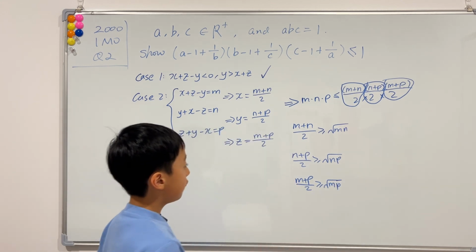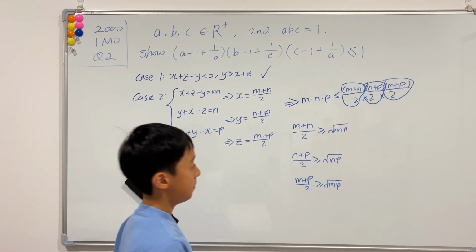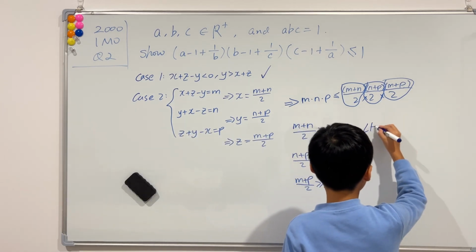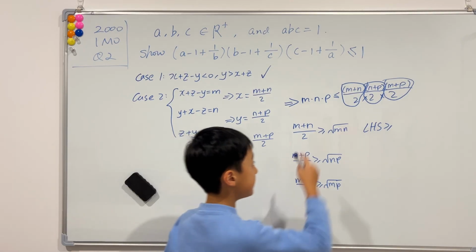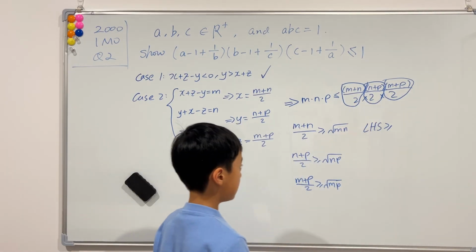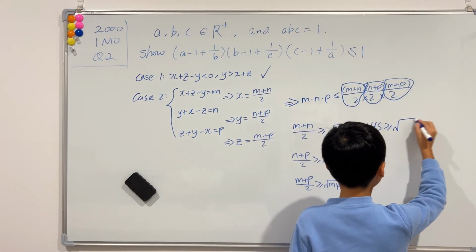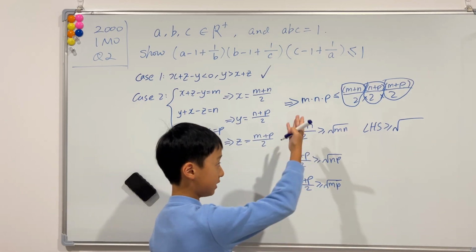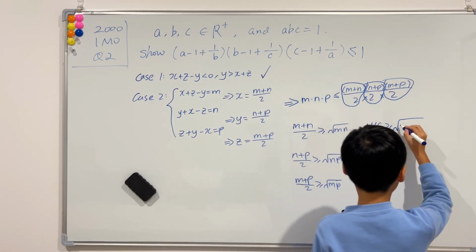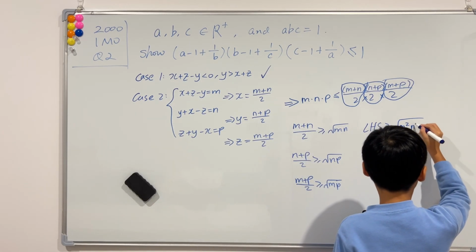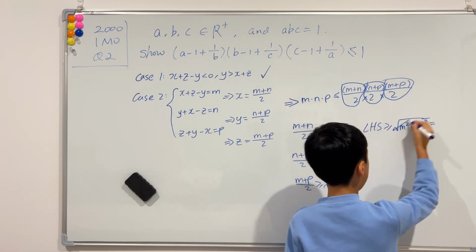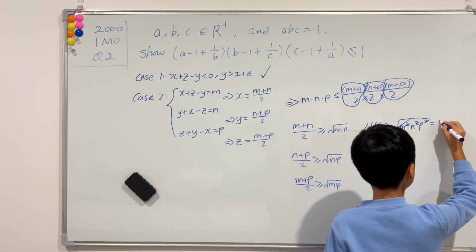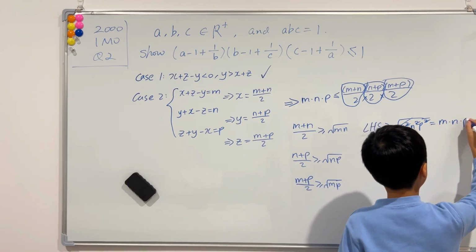Now, if we multiply the left hand side up, we'll get the left hand side is greater than or equal to the square root of, if you multiply this up, you'll see that it will be m squared, n squared, p squared. So they all cancel out. So it will just be m times n times p.